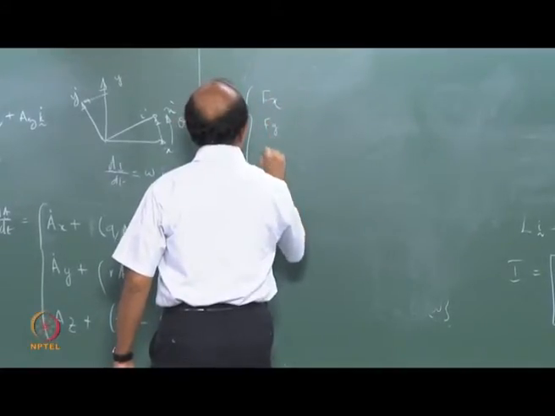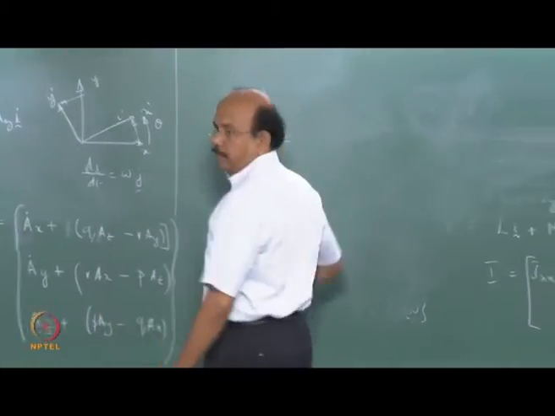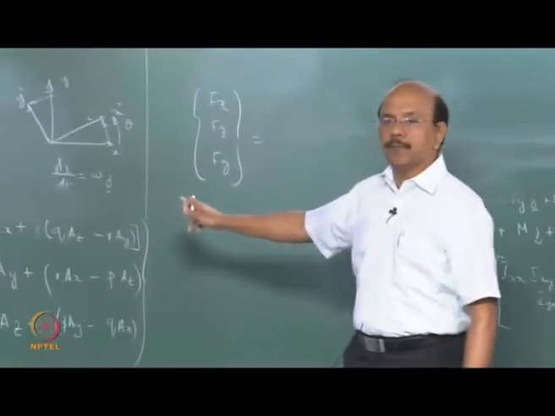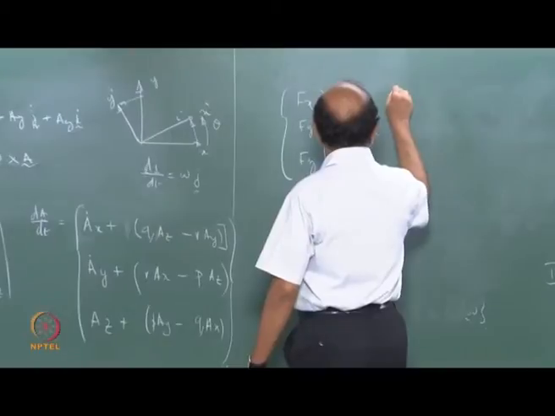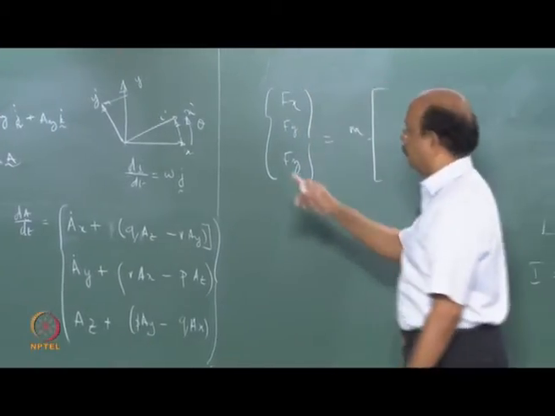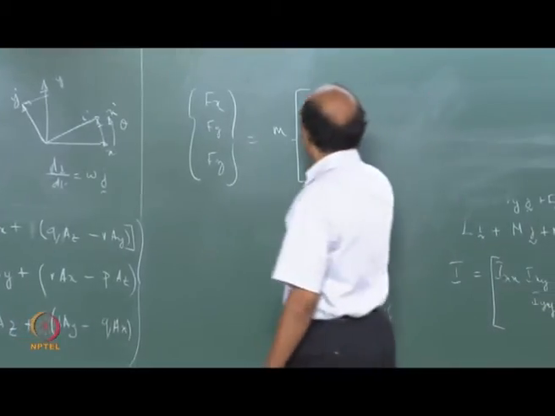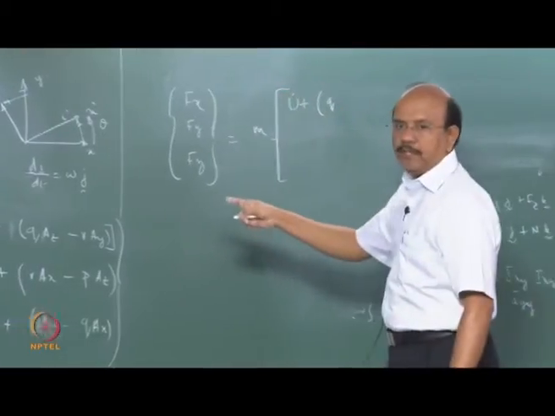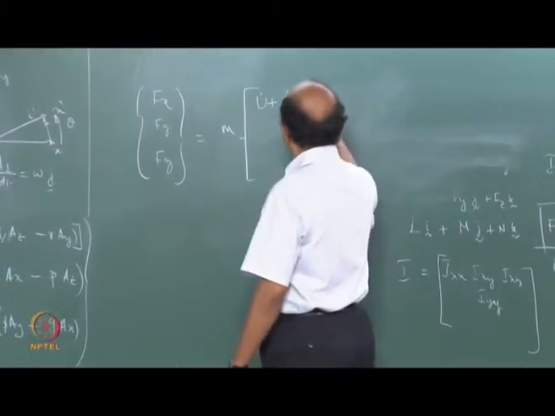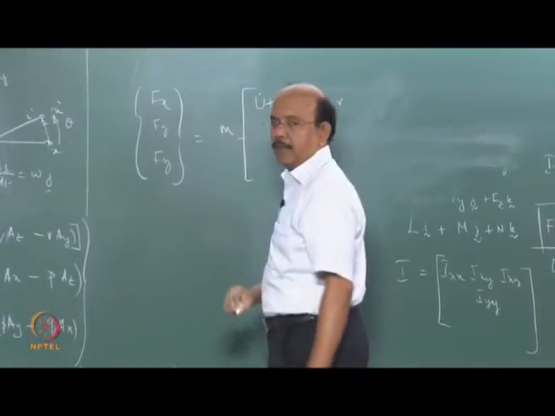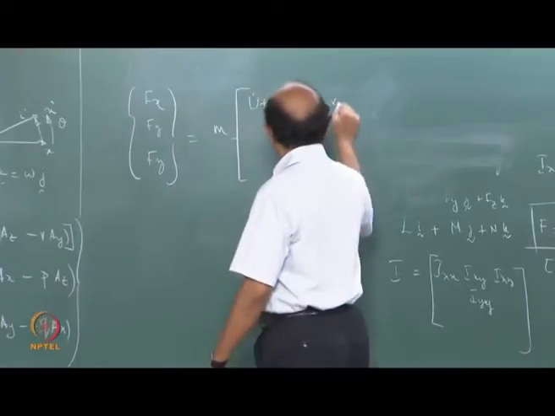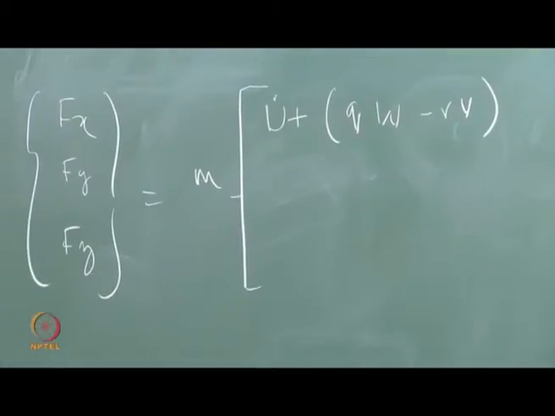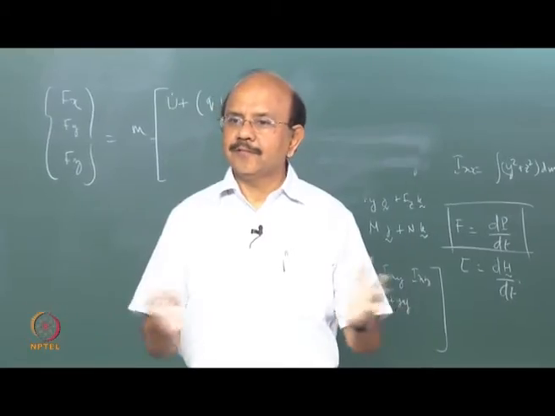Fx, Fy, Fz is equal to, the first term becomes m into U dot plus Q into W (Q into UVW is what we said) minus R into V. Right? Any questions? No questions? Everything is crystal clear?